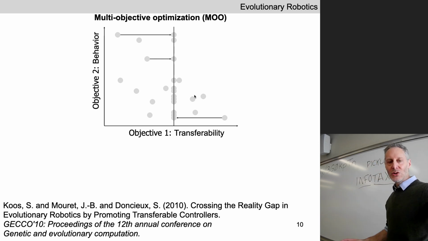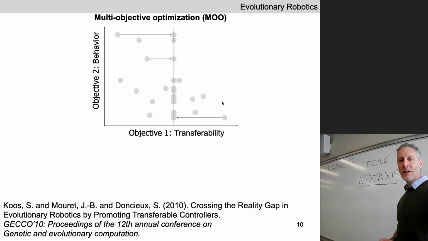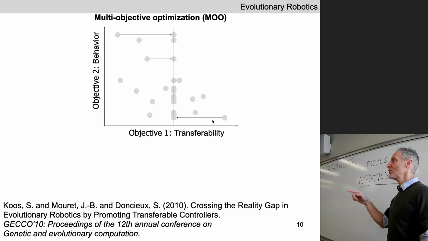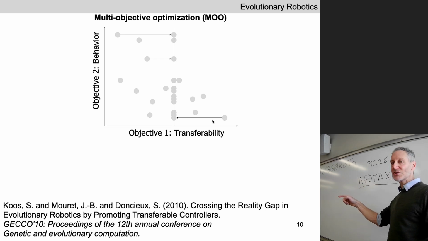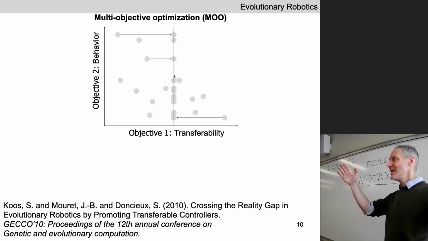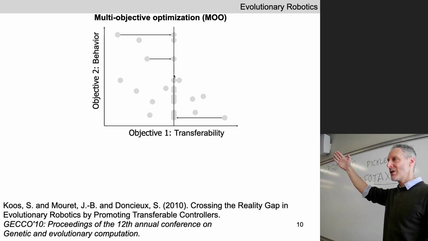But unbeknownst to you, this horizontal axis, the algorithm, the optimizer, is getting better and better at estimating transferability. As the evolutionary algorithm is evolving controllers in simulation that produce better behavior and evolve to produce better transferability predictions, the Pareto front is marching up and to the right.